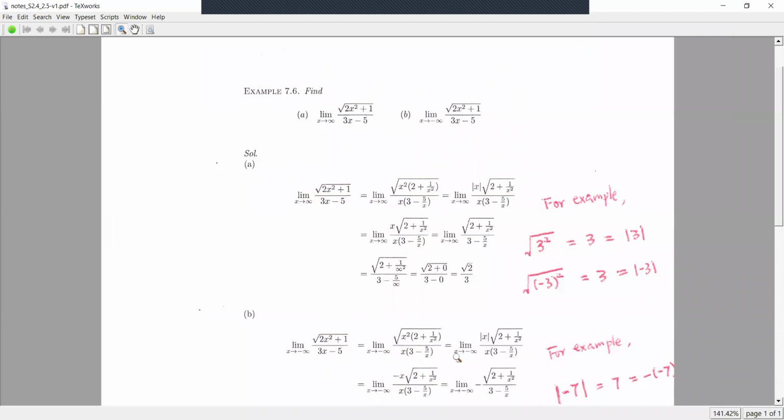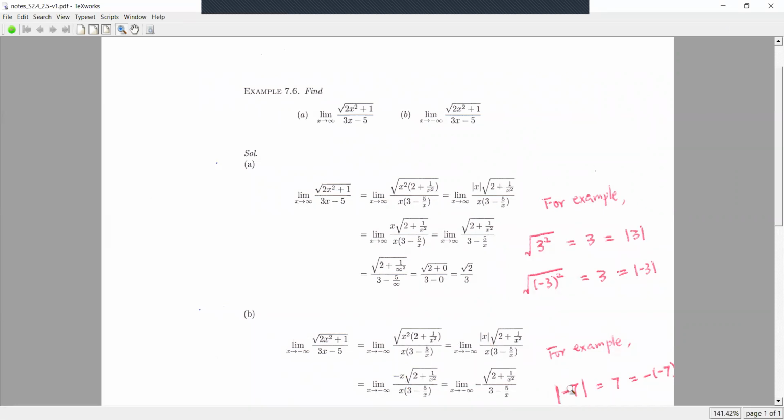Now, because x is approaching negative infinity, x is negative. Absolute value of x is positive. X is negative. To make them equal, we need to add a minus sign in front of x. X is negative. Negative x is positive.